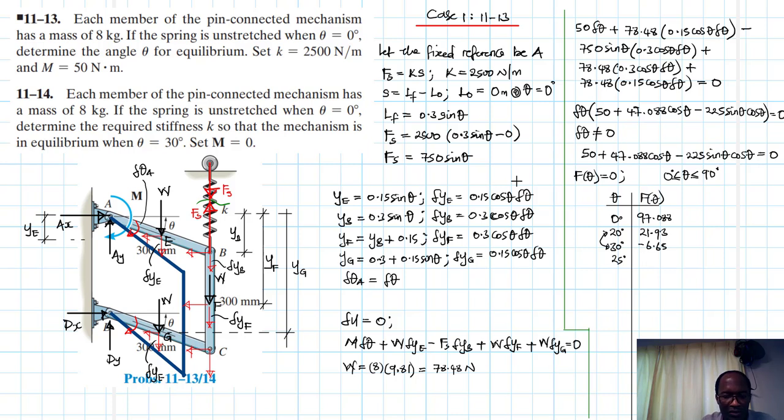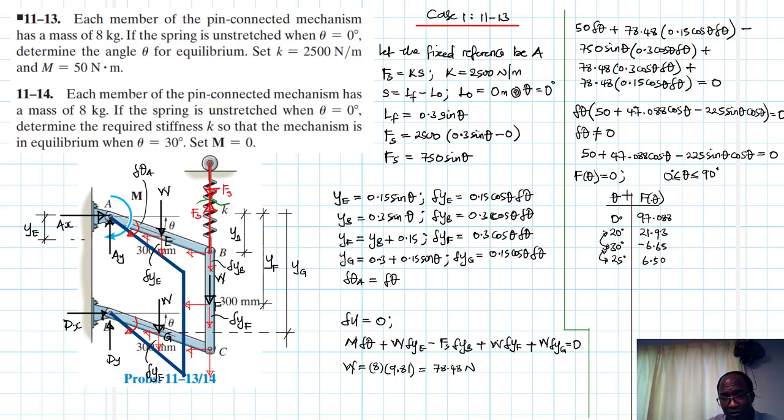So we have 50 plus 47.088 cos 25 minus 225 sine 25 cos 25. This gives us a 6.50. So again, we go to the values with the smallest negative and the smallest positive.